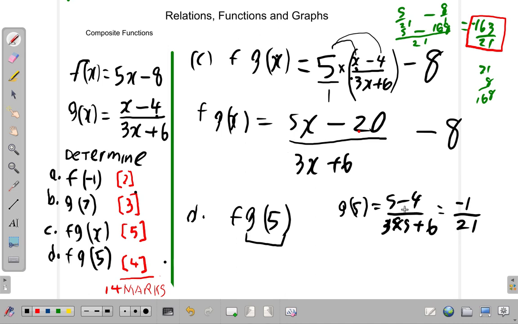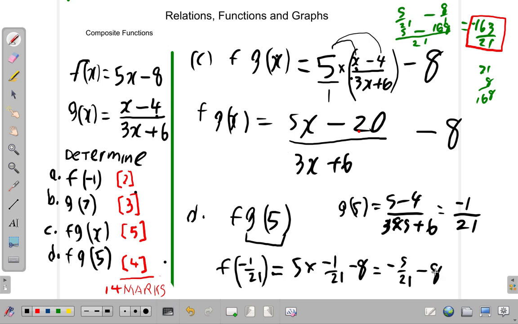That's g of 5. Now, to find f of g of 5, we're going to find f of negative 1 over 21. Because g of 5 is negative 1 over 21. So it's f of negative 1 over 21. So what we have now is 5 times negative 1 over 21 minus 8. What does that amount to? Is negative 5 over 21 minus 8.